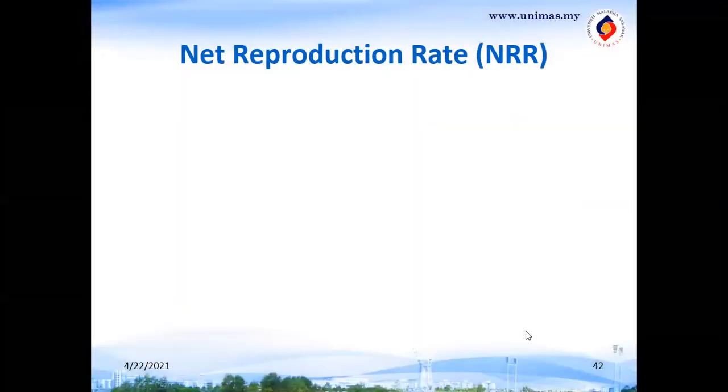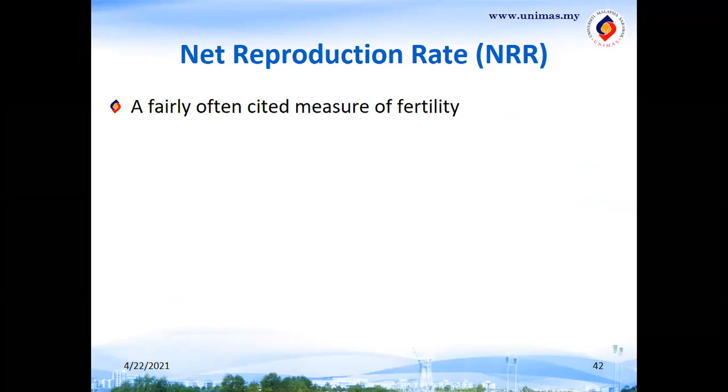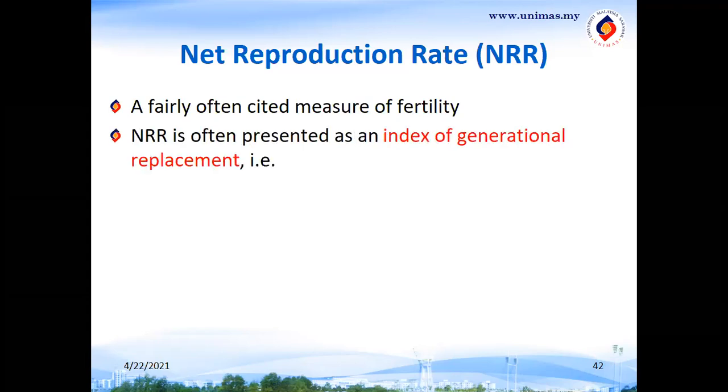Ya. Okay, so the net reproduction rate sometimes, kadang-kadang disebut ataupun cited, digunakan when people talk about fertility, yeah, a fairly often cited measure of fertility, and is also presented as the index of generational replacement, ya, indeks apa namanya, penggantian generasi, ya, indeks penggantian generasi ataupun index of generational replacement.